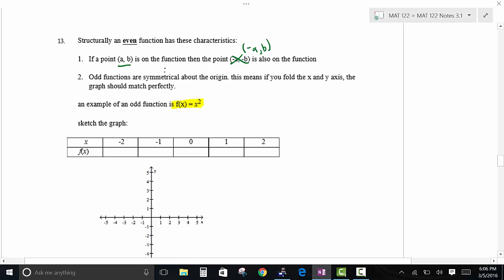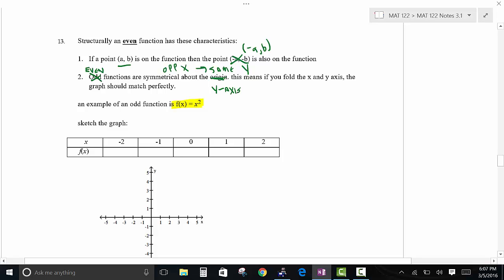So the idea is opposite x, same y value. That's the way that you want to think about even functions: every point, if you have an opposite x, the y values are unaffected. Okay, and odd functions are symmetrical about the origin. I think what I meant to put on this is even functions are symmetric about the y-axis.